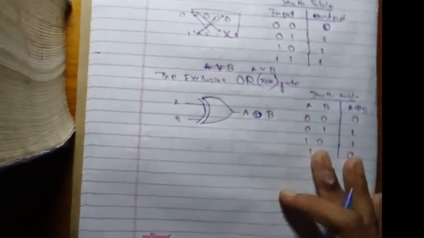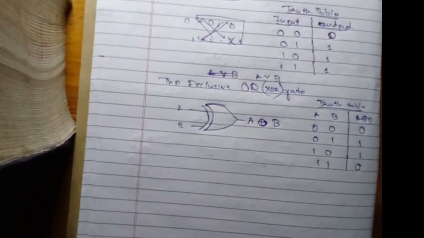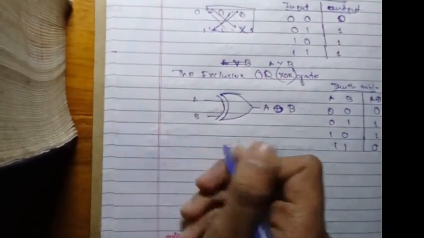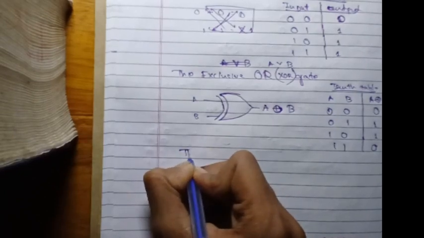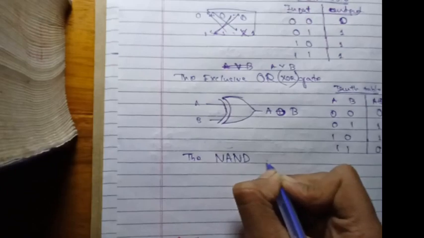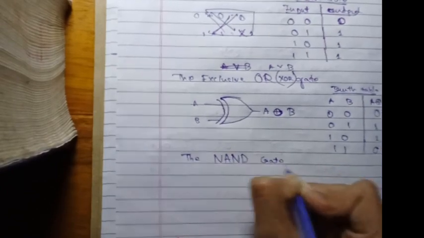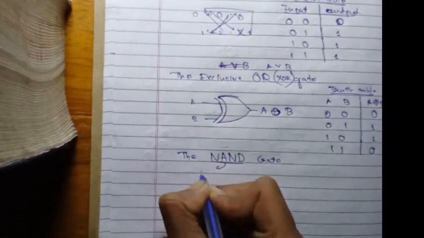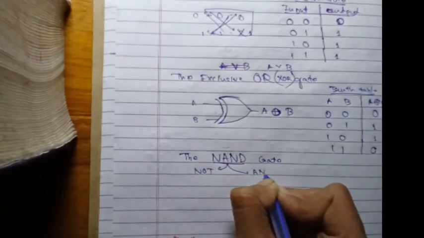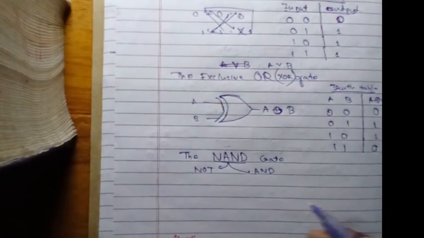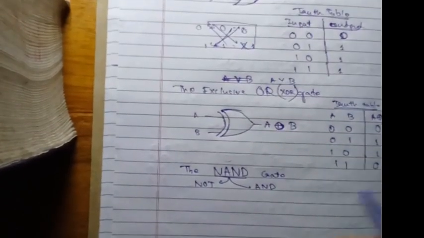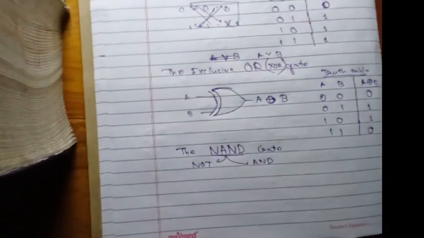Next gate. We will do 5 gates, so 2 are left. The fourth one is the NAND gate. NAND stands for not AND, meaning it is doing the opposite of AND.